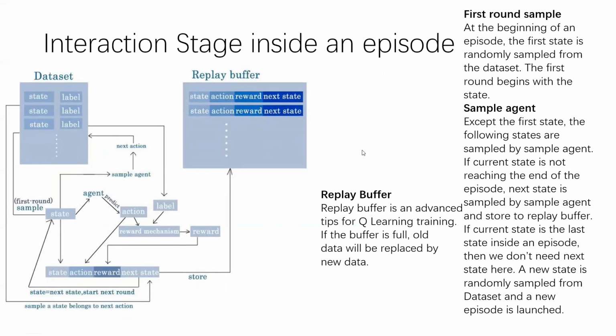But in the following stages, except the first one, the following states are sampled by the sample agent. If the current state is not reaching the end of the episode, the next state is sampled by the sample agent and stored to the replay buffer. But if the current state is the last state inside an episode, then we don't need to sample the next state here. A new state is randomly sampled from the dataset and a new episode is launched.